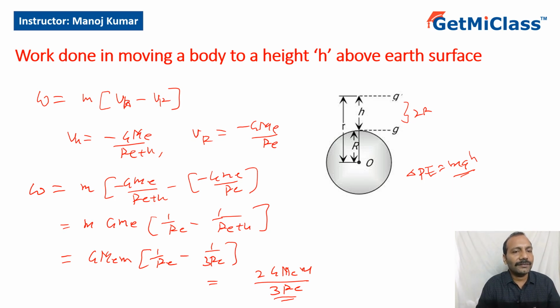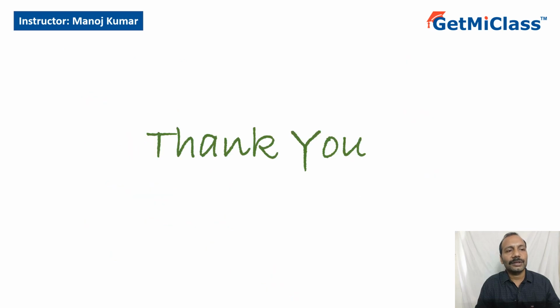Before that, we have even defined what is gravitational potential. So gravitational potential is always due to one mass. And how do I find it? It is equivalent to work done in bringing a unit mass from infinity, a point outside the field of the mass, to that particular point. So this is what is there in gravitational potential energy, potential, and how we find work using potential.